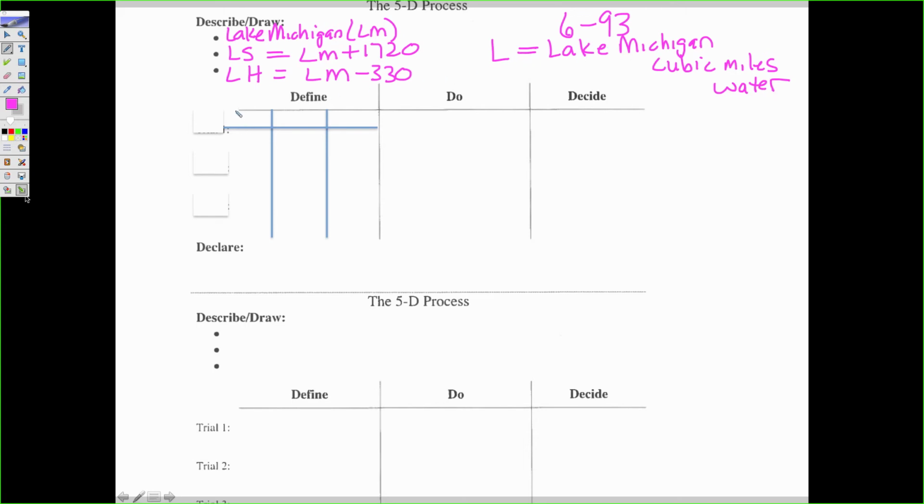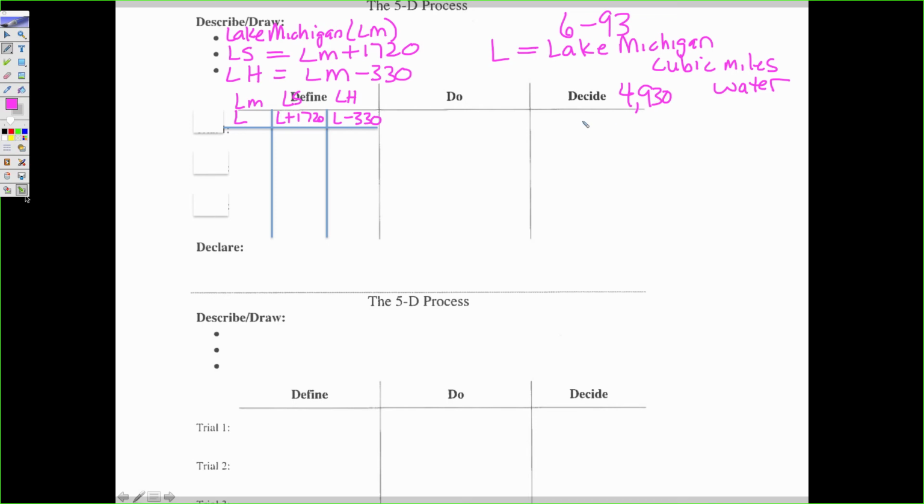So over here now, here's Lake Michigan for L, Lake Superior is Lake Michigan plus 1,720, and Lake Huron is Lake Michigan minus 330. Just in case, here's LM, Lake Superior, Lake Huron. We know if we add all those together, we're supposed to get 4,930 cubic miles of water.